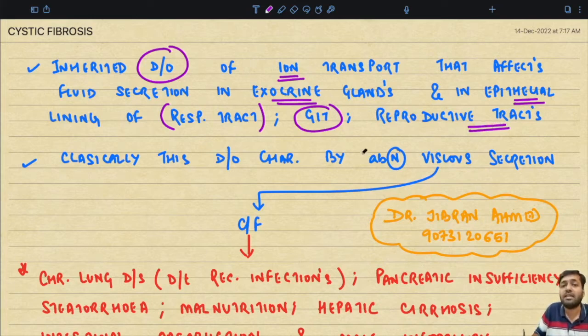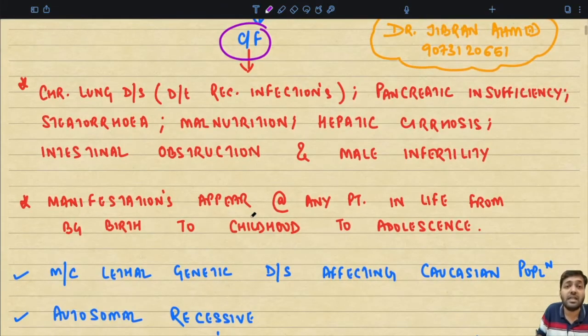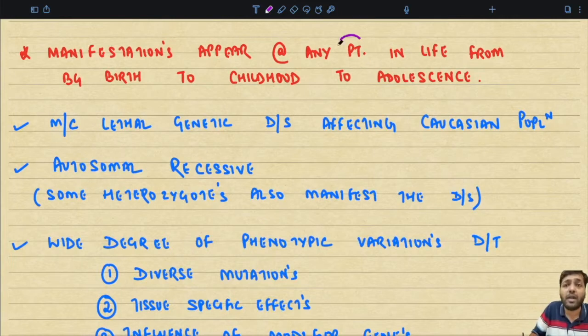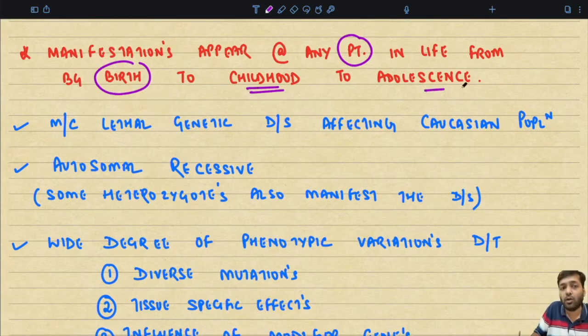Classically, this disorder is characterized by the formation of abnormal viscous secretion, which is responsible for the classical clinical features of this disease: chronic lung disease because of recurrent infections, pancreatic insufficiency, steatorrhea, malnutrition, hepatic cirrhosis, intestinal obstruction, and male infertility. The manifestations can appear at any point in life, starting from birth to childhood to adolescence.